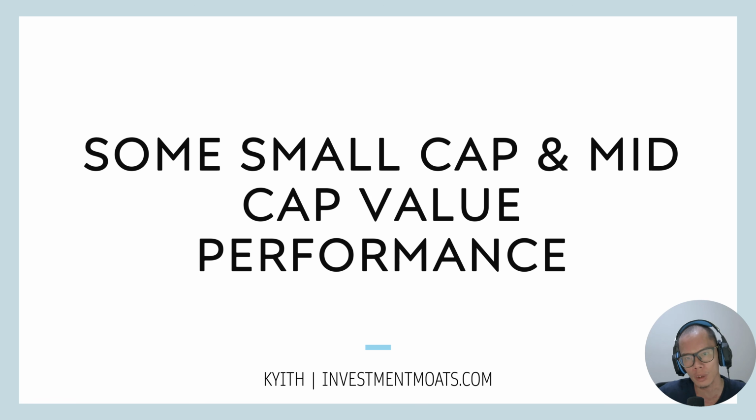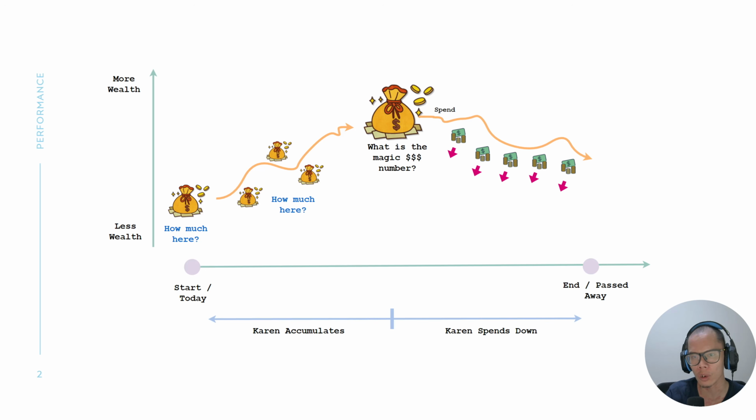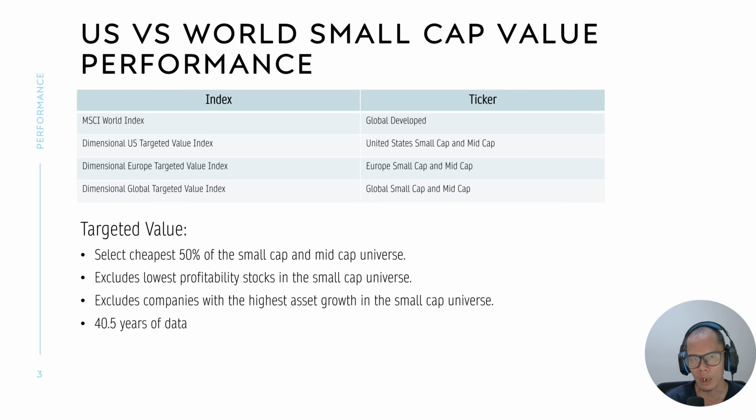Research index basically means that they have a systematic investing methodology, and let's say they time travel back in the past and invest this way, how would the performance be? So that's the research index. And we do have this Dimensional targeted value index, and with that we can actually compare the performance for a few different regions. So this is what I have in mind.